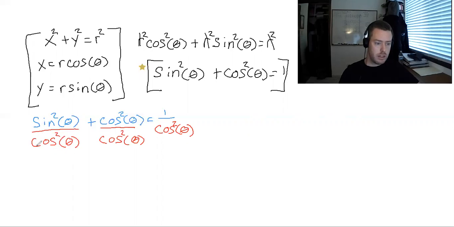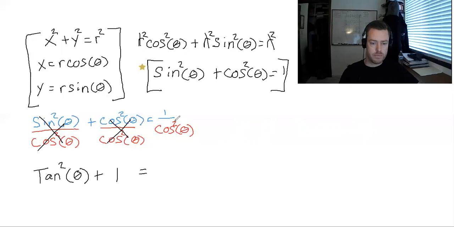So really, we can cross this out, and we're left with tangent squared of theta plus cosine squared of theta over cosine squared of theta. This is going to be equal to 1 plus 1. And you have a reciprocal identity here: 1 over cosine squared theta is going to be equal to secant squared theta.